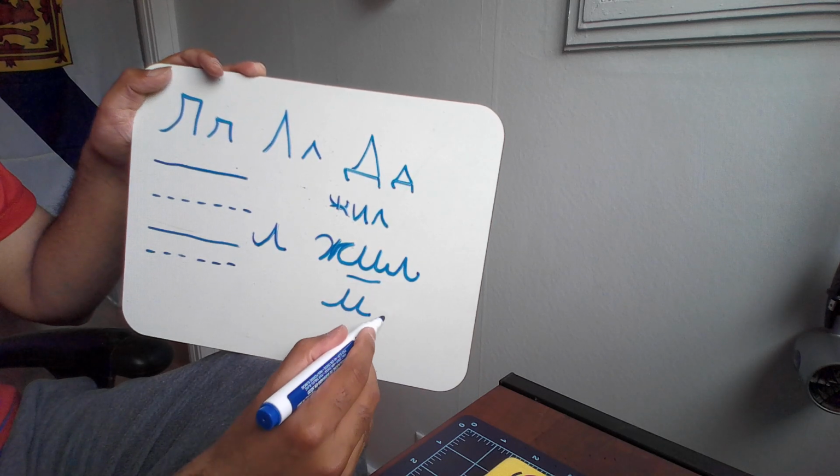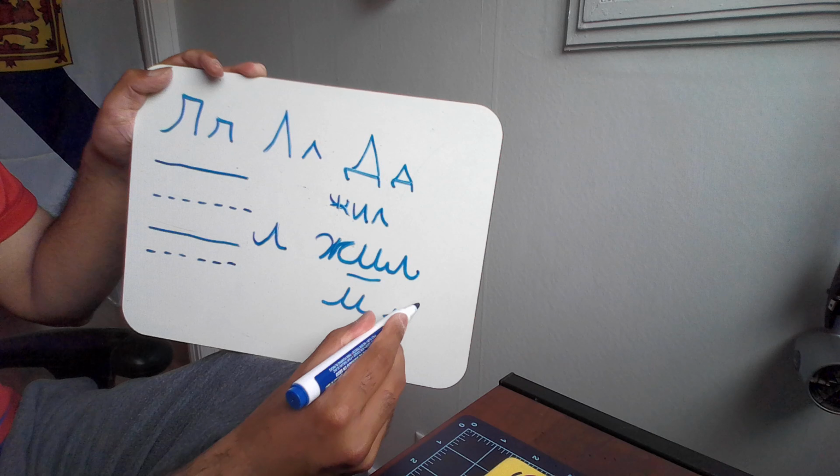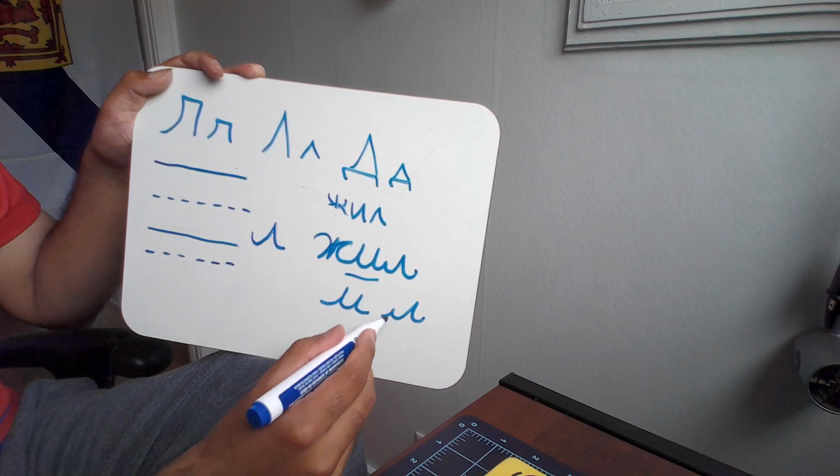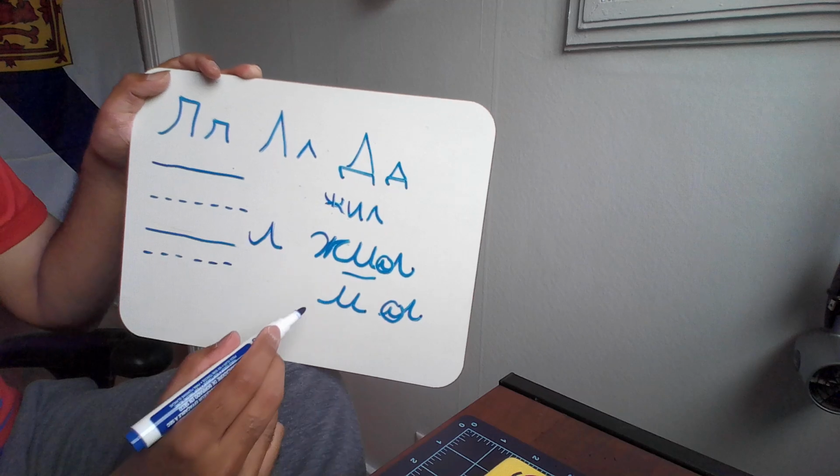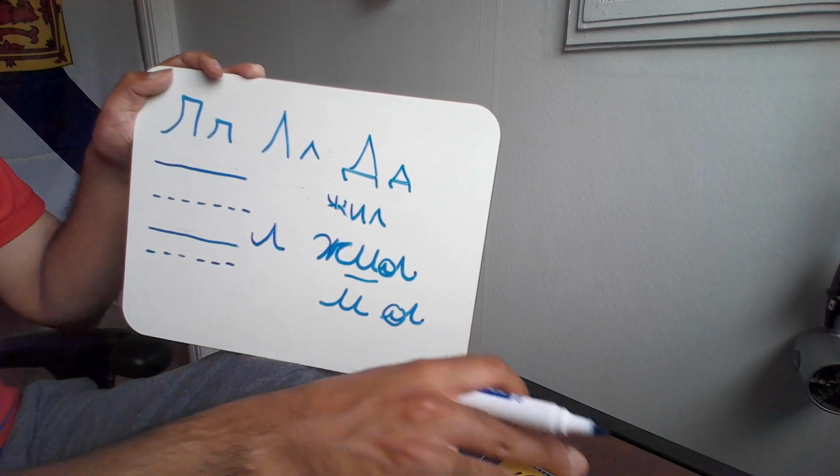The L, we have to make this little hook first, and then go up before we continue. So this is what tells you that your next letter is an L.